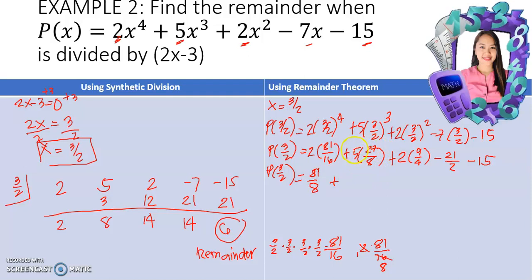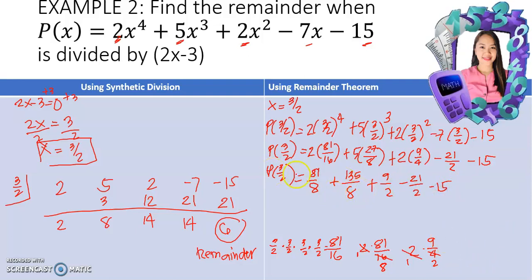You will just simply multiply 5 and 27. So this will become 135 and copy 8. Plus, sa 2 tsaka 4, pwede nating i-cancel by 2. So, 2 times 9 fourth, pwede i-cancel by 2. So, magiging 1, magiging 2. So, magiging 9 halves. Copy, minus 21 over 2, minus 15.